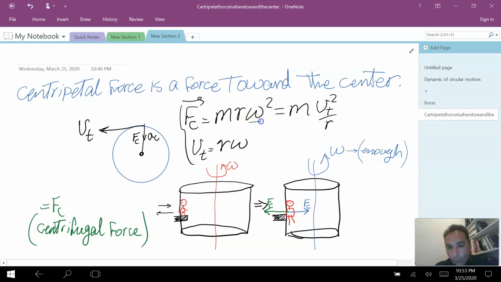Remember, if your omega becomes less, this person will fall 100%. So the object must have minimum velocity to prevent falling down. Remember this. As I said, go to YouTube and type riding motorcycle or driving car on the wall, then you will see. Also type amusement park centripetal force, and you will see many different examples.